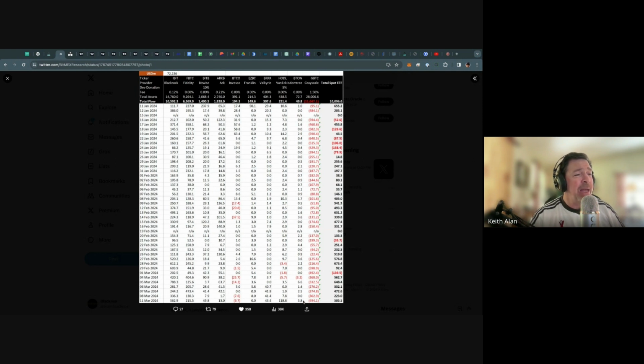But I maintain that Grayscale rather has an ulterior motive here. You notice the fees of all these different ETFs. BlackRock is just 0.12%. A lot of these others like Fidelity and Bitwise are 0% for the first 6 months or something like that, and I think Bitwise is donating 10% to devs, which is awesome. And look at over here, Grayscale, 1.5%. They've had over 10 billion with a B in outflows since this started, and guess what? They've generated 150 million in revenue from those outflows.